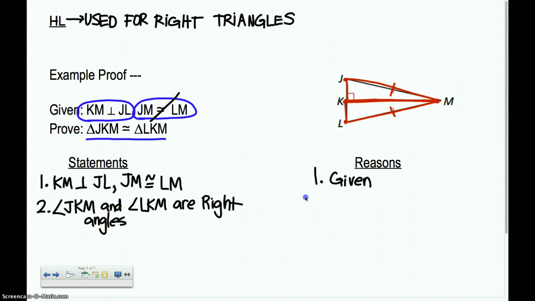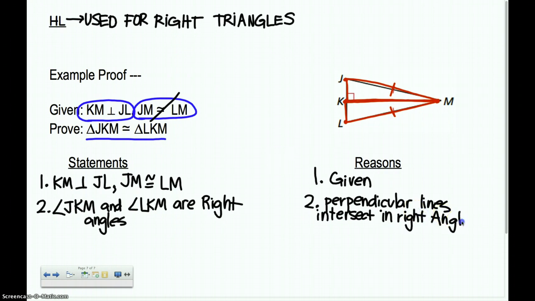Why? Well, perpendicular lines intersect in right angles. That's what perpendicular lines do. It's the definition of what makes two lines perpendicular.